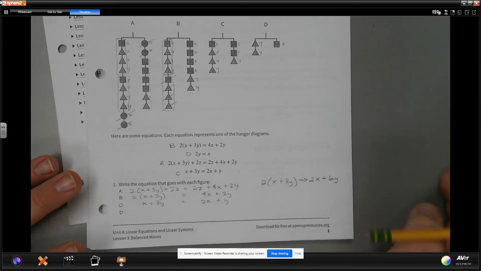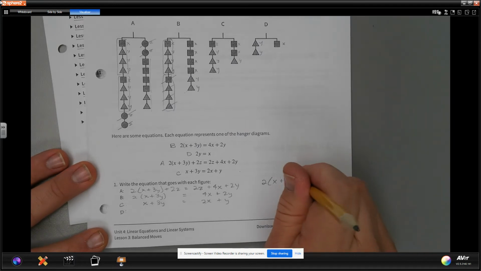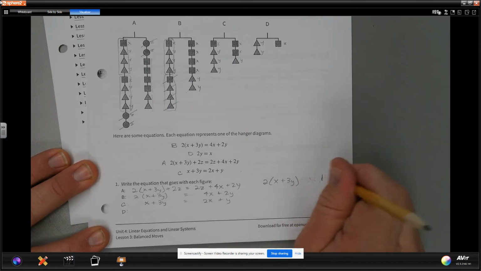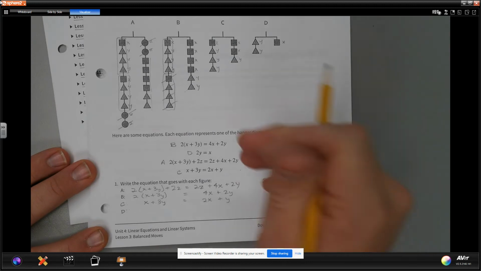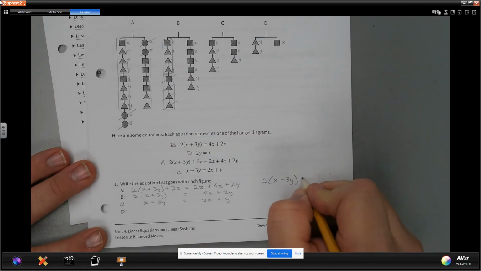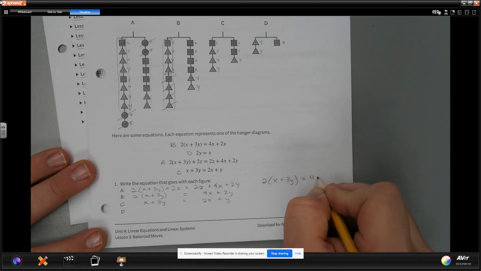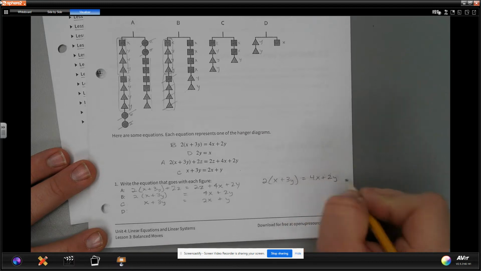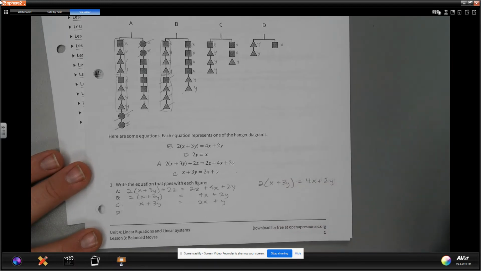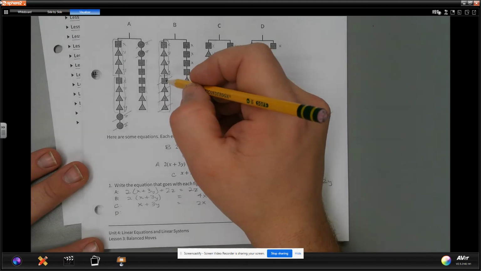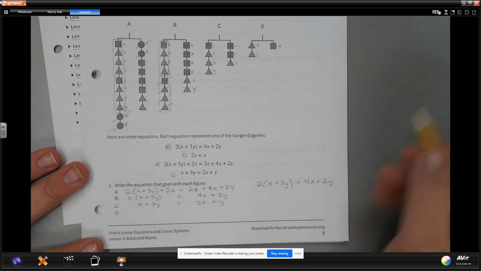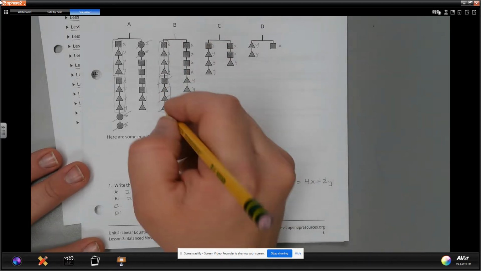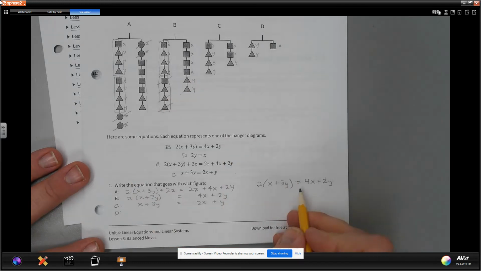So if we look a little bit closer, there's another way to do this. That way is when we make a comparison to this right side, we just had the value of 4 times x plus twice the value of y. And what we know is that these values over here represent twice as many of these here.